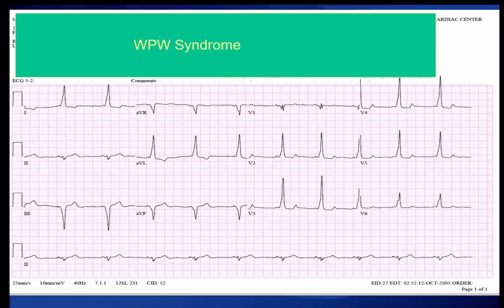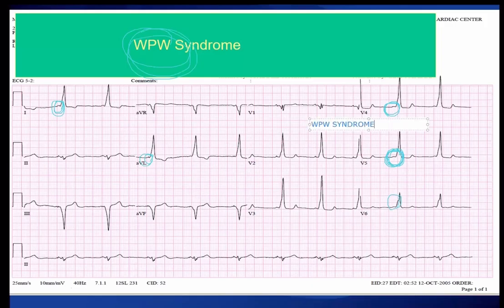Now we take an example of a patient with abnormal PR interval. So we are going to estimate the PR interval in this abnormal ECG, and we will find that the P wave is actually attached to the R wave. So the PR here is very shortened. It is almost 80 milliseconds or less than that. So very shortened PR interval, as is seen in WPW syndrome. WPW syndrome is important.